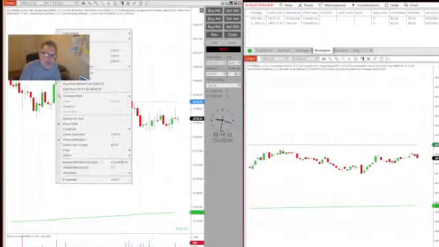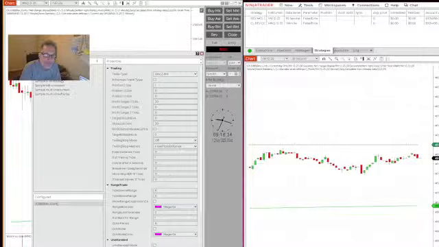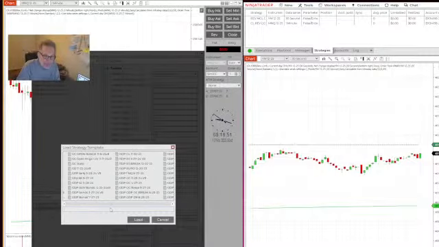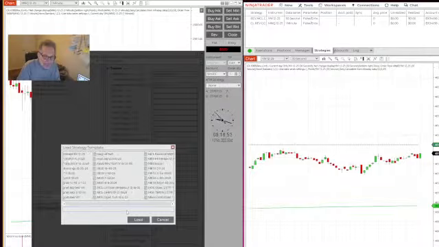MNQ, our market open setup. Click News Trader. It's a breakout trade. I'm loading my template. Going down to template, load. MNQ open.